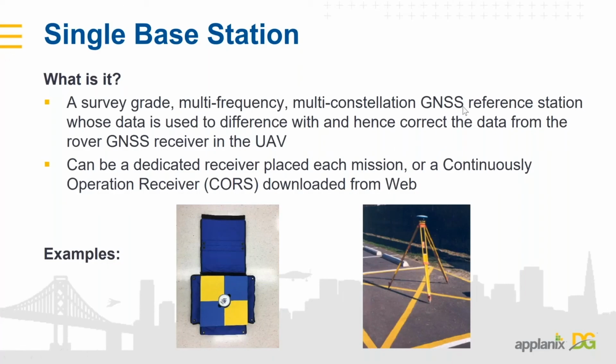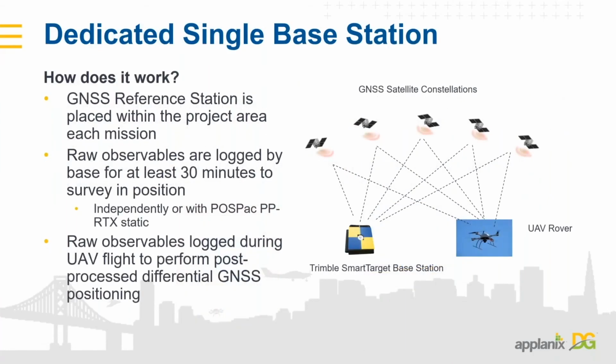This is typically done either using a dedicated receiver placed on each mission or a continuously operating reference station, such as a CORS downloaded from the web, or even a base station provided from a network provider, such as CanNet or SmartNet or something similar.